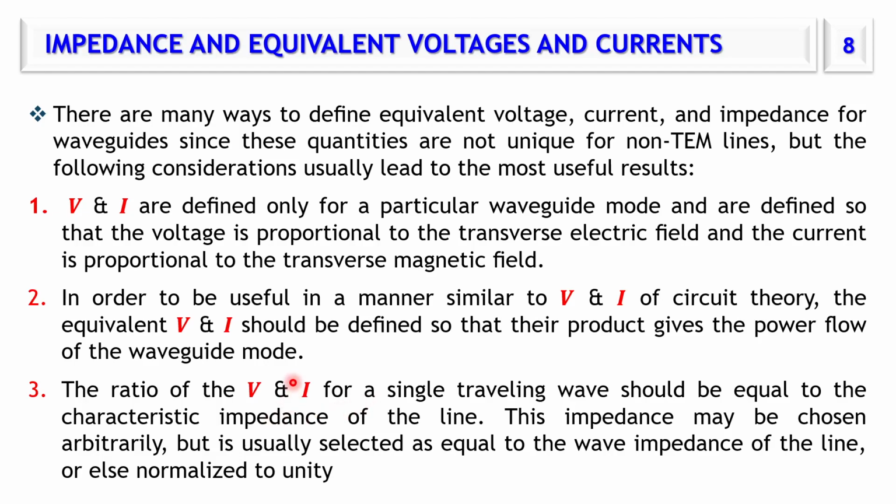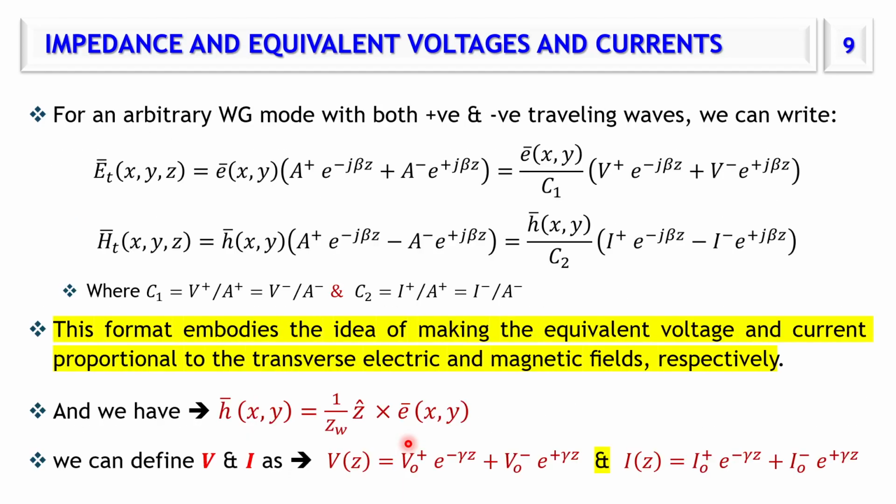We can choose the ratio to be the characteristic impedance of the line, or we can use any other value like unity. When we do that, we have a definition for voltage and current that can be used in network analysis of microwave circuits. Now let us put those rules into mathematical form.